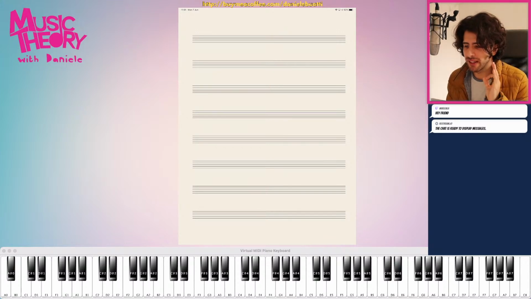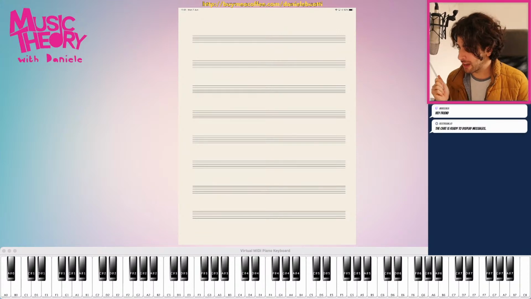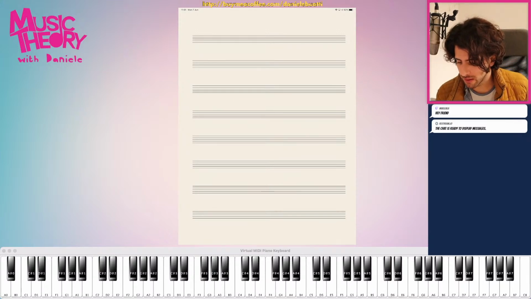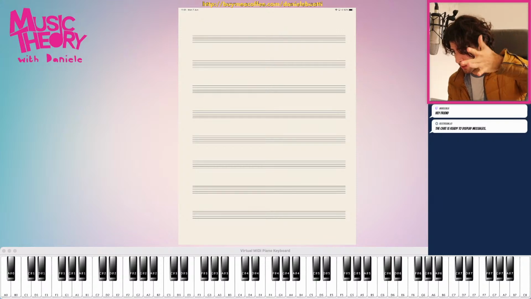So if I play F and the music says F sharp, I'm going to get the F and raise it by a semitone. Move it to the right. That's my F sharp. If it says B sharp, I'm going to play B and raise it by a semitone to C. See what I'm saying?